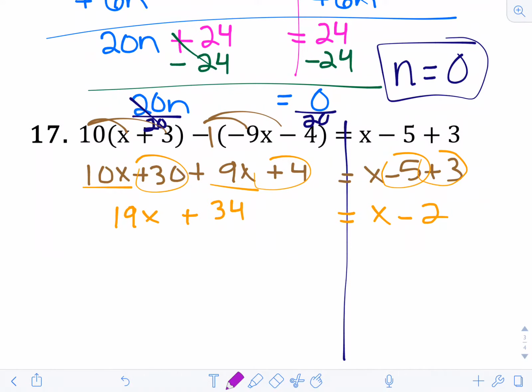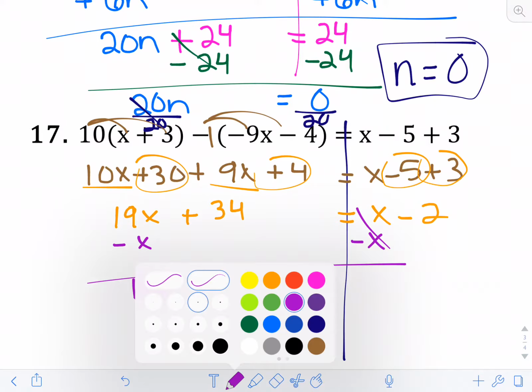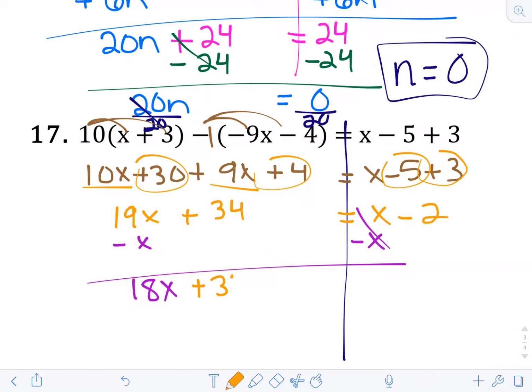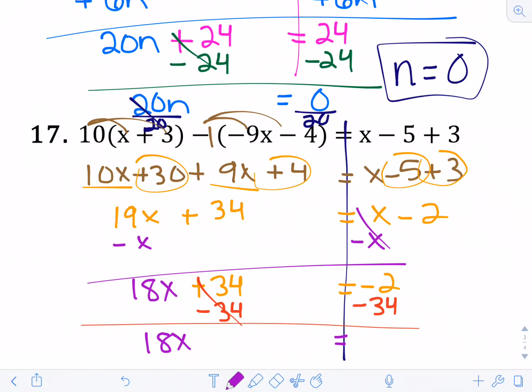Okay, what am I going to do next? I want to move my x, so I'm going to subtract x, subtract an x. So I have 18x, and then I still have plus 34 is equal to negative 2. Okay, so what I'm going to do now is I'm going to subtract 34 from both sides, so minus 34, minus 34. Still have this 18x hanging out right here, still have my equal sign.